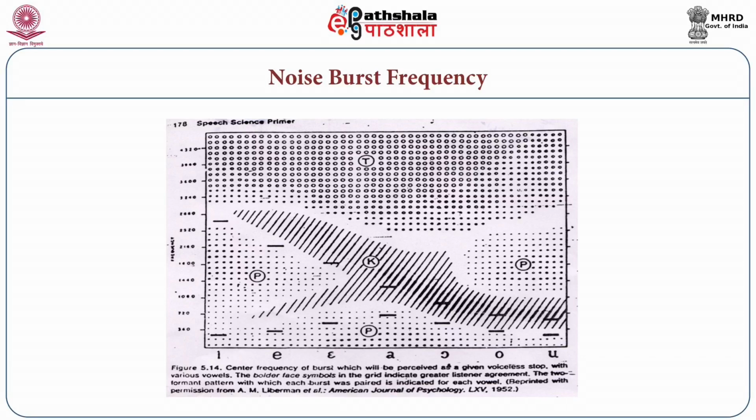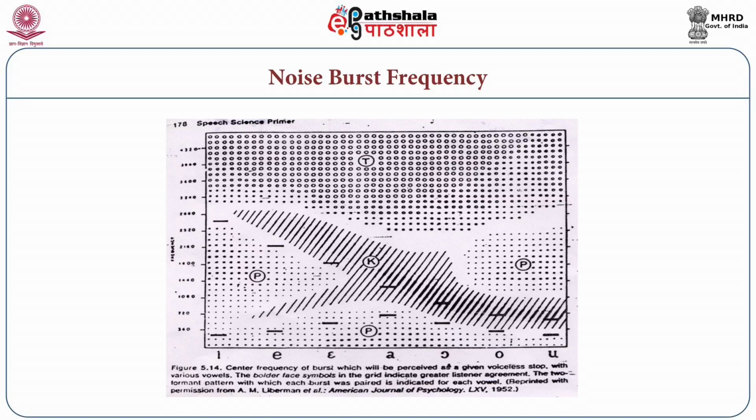If it is in the lower range but not too close to the formants, then it is always heard as P. The middle range also is often heard as P if it is not too close to the formants. And if it is placed in the higher frequency range, then it's always heard as a T, the dental, alveolar or retroflex stop consonant.